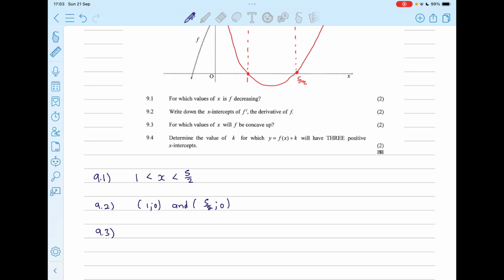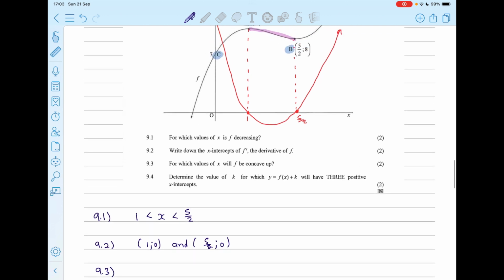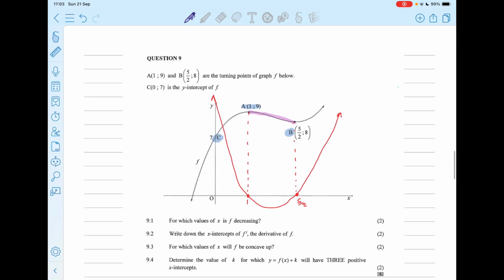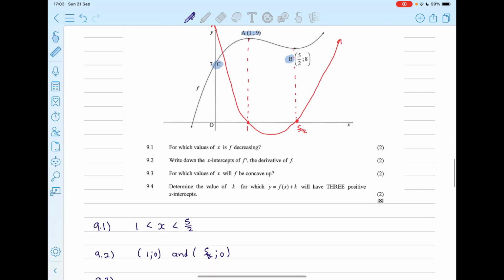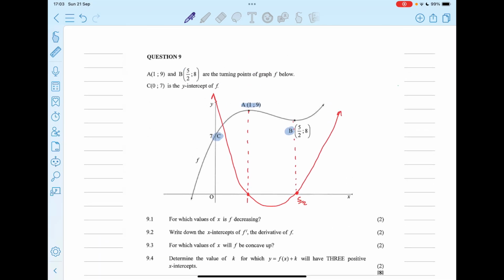Moving on to 9.3, for which values of x will f be concave up? So concave up, that's where we see our cubic function having that valley type of area, or it looks like a cup or a bowl, if you can call it that too.